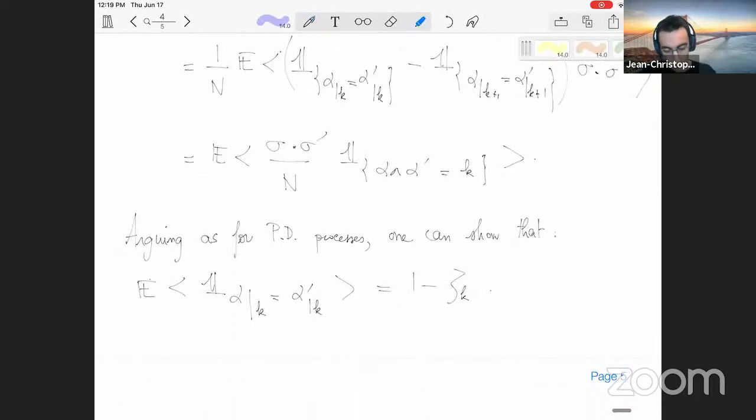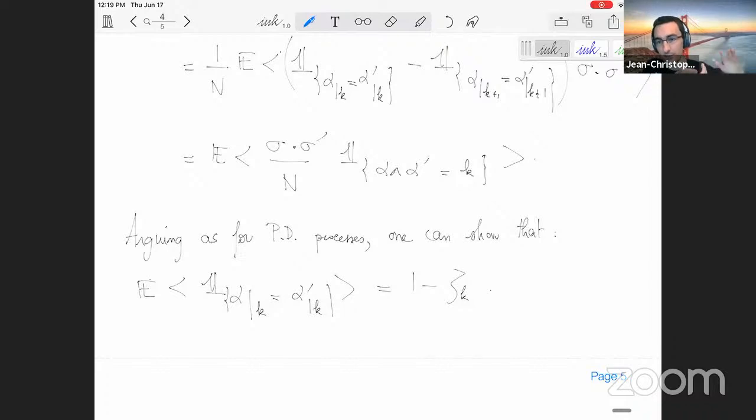Now let me come back to this point here. I told you that if you look at these Poisson-Dirichlet cascades at the last level, what you see is a Poisson-Dirichlet process with parameters zeta k.